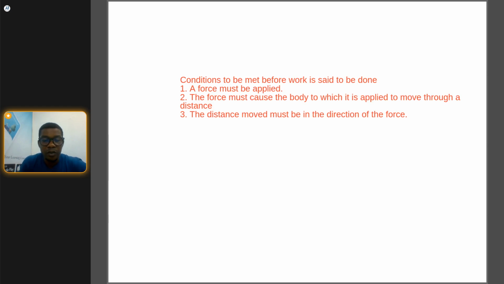So let's look at the conditions to be considered. So let's take a look at this together. The conditions to be met before work can be done.